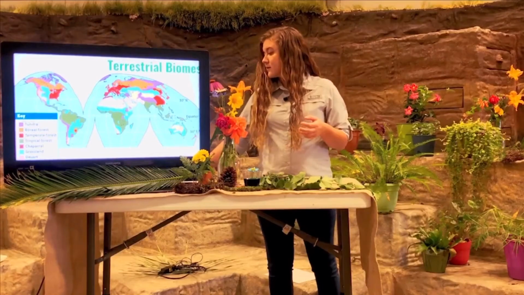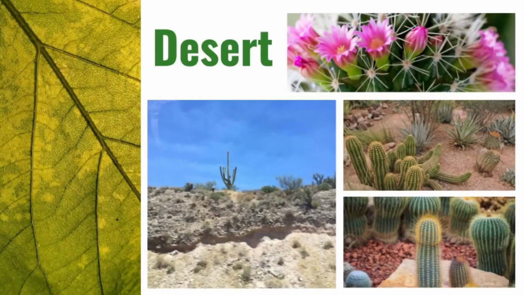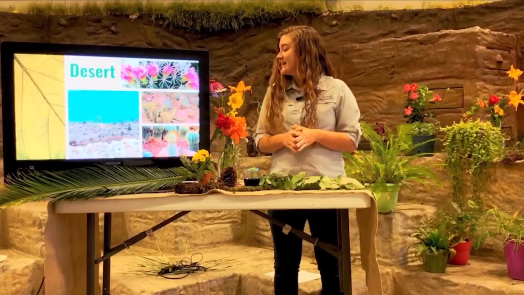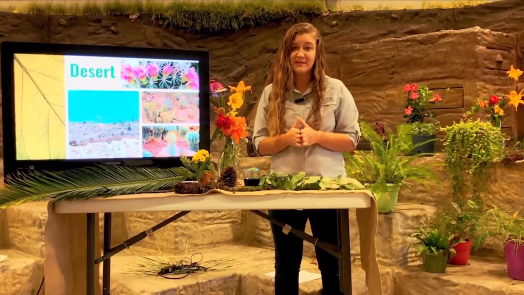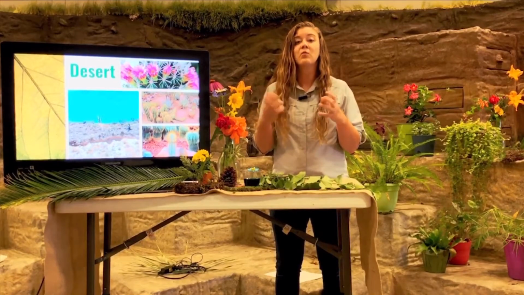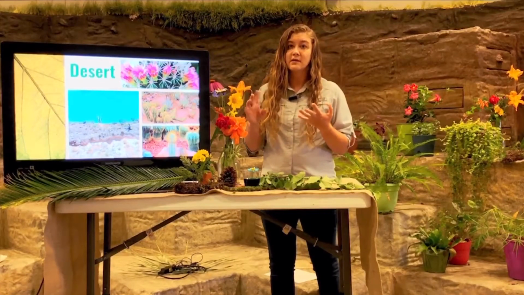So let's talk about our first one, which is the desert. In the desert, there's not a whole lot of rain, first of all. There's not a whole lot of anything other than sand, and the plants that live in the desert are adapted to live there by storing water in their trunks or their leaves or their stems.